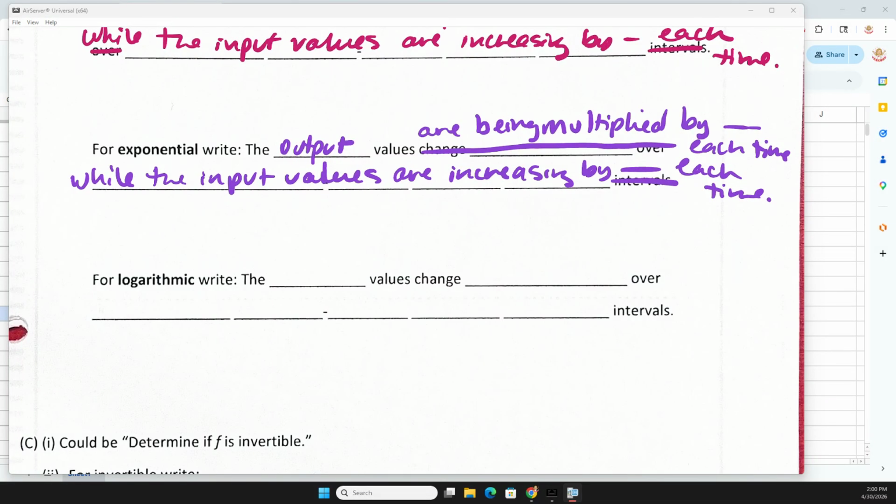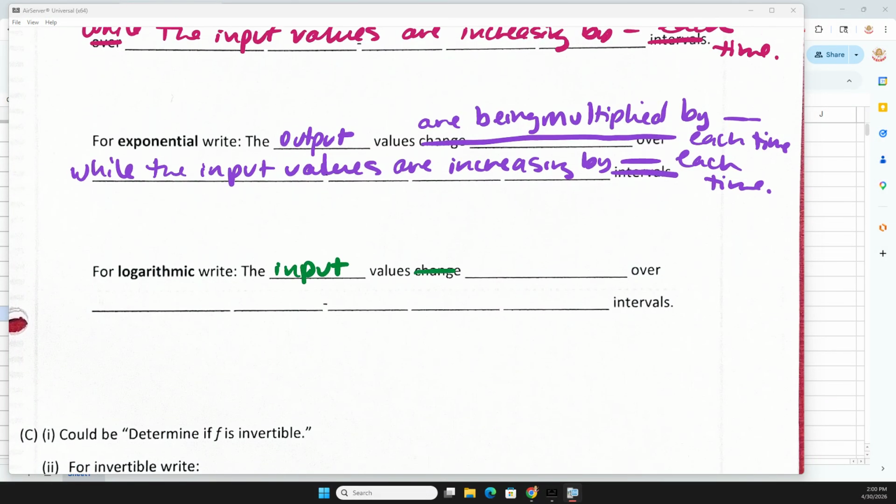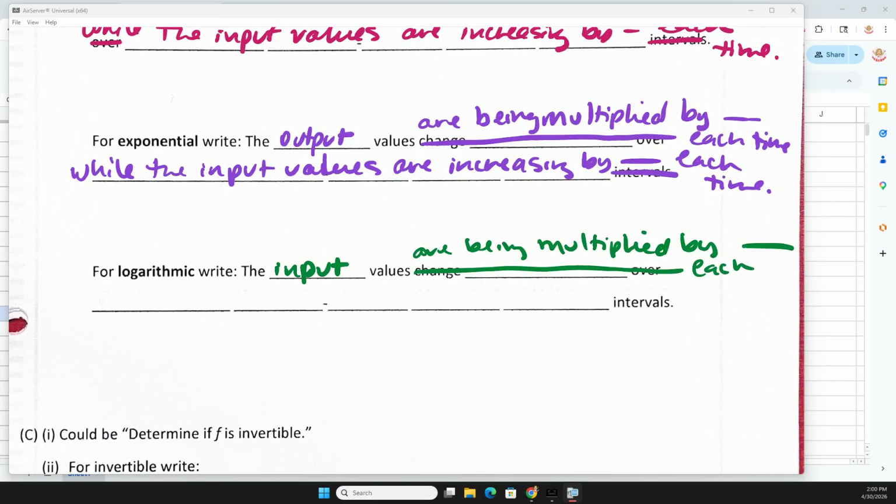So you would say the input values are being multiplied by something. And then the output values are increasing by a certain amount each time.